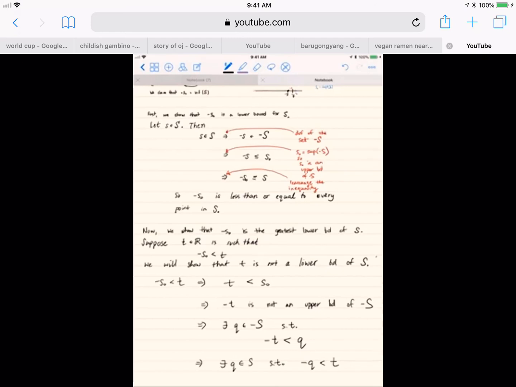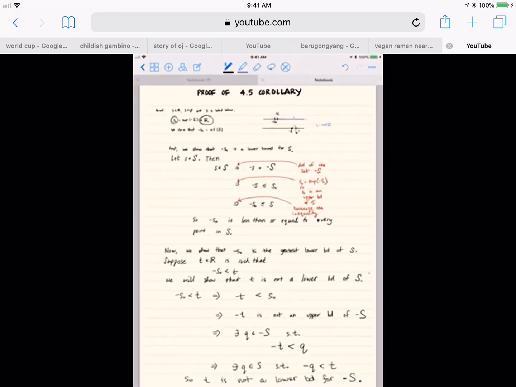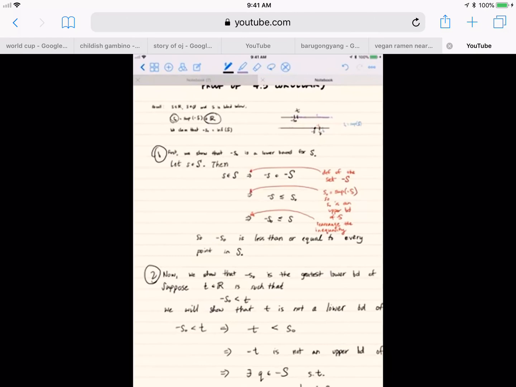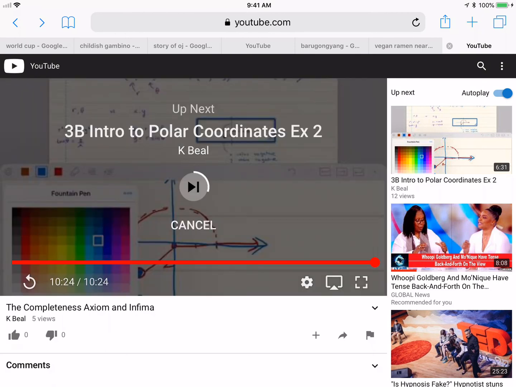I think this should be there exists a q in negative S, and q in negative S means negative q is in S. Okay, so t is not a lower bound for S. Okay, so good. I found some typos that I made there. Okay, that's it then.